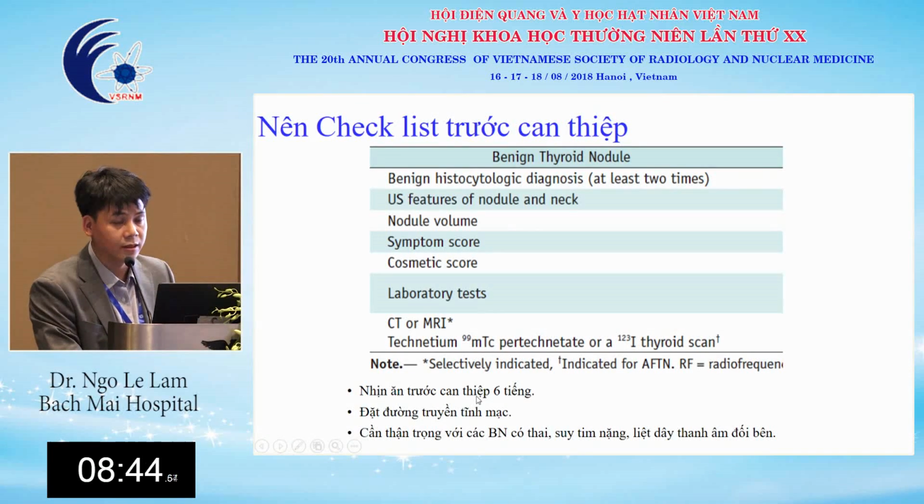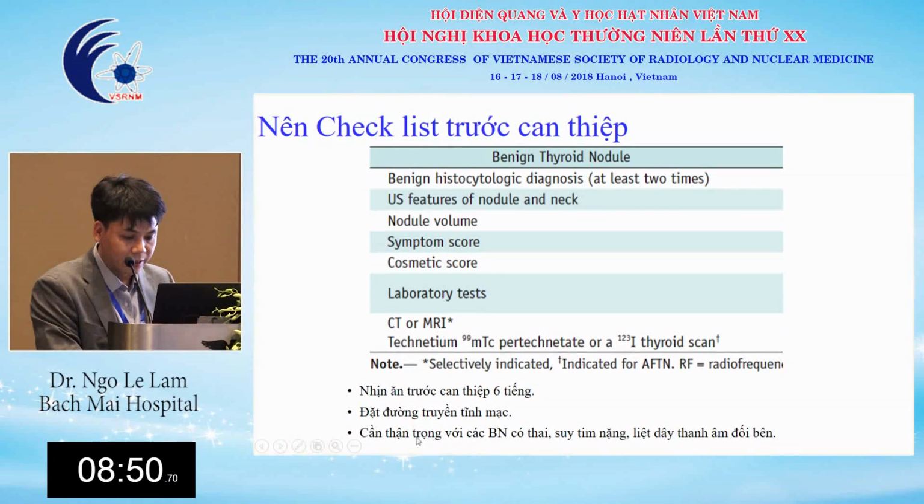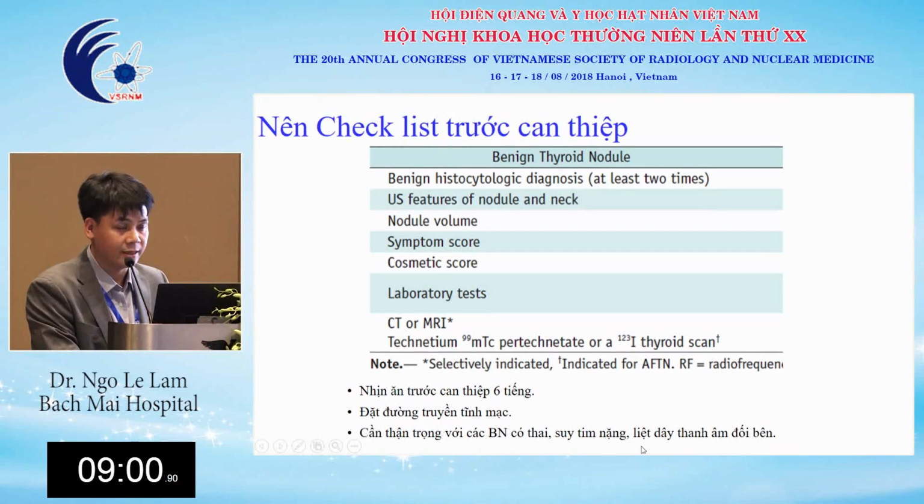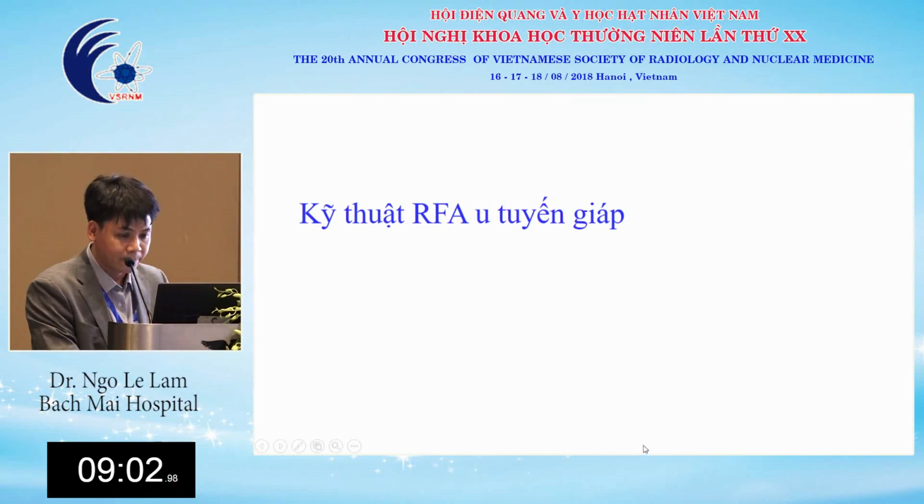In some clinical practice we do not need this, because we just do local anesthesia, so we don't need to fast 6 hours. We need to have a venous catheter.